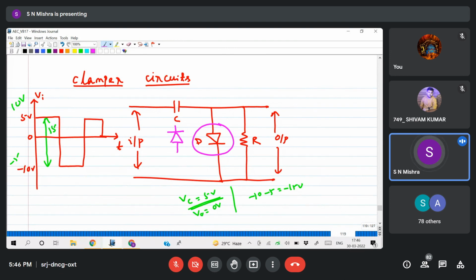Then it will be shifted upward. So we'll discuss this one in the next class. If you have time, you can practice. It is quite easier than the clipper. So you can get it easily.